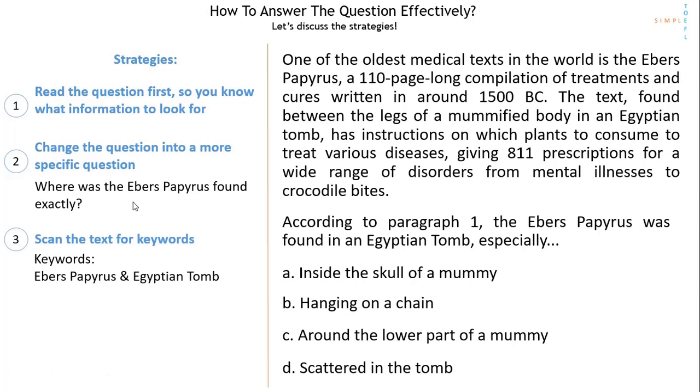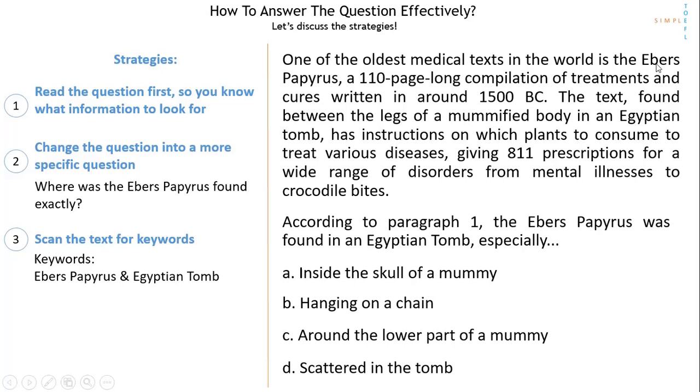And then scan the text for keywords. The keywords are Ebers papyrus and Egyptian tomb. In scanning for the keywords, you don't have to read each word in the text. You just scan the text, for example from left to right and then right to left.